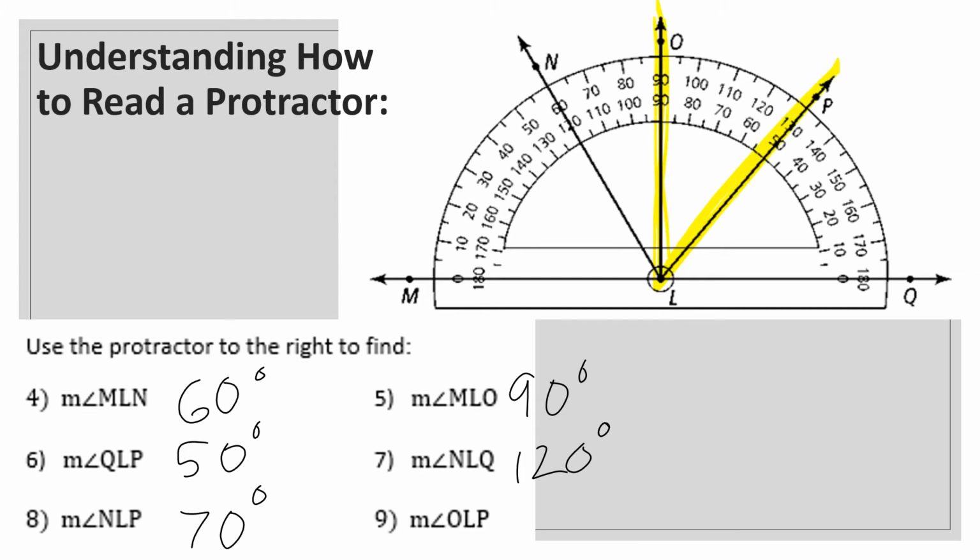Again, you need to decide which numbers you want to use, the top ones or the bottom ones. Either way, you're going to have to get a positive answer. So you could either do 90 minus 130 and get your answer and make it positive, or you could do 90 minus 50 and get your answer. Either way, the answer would be 40 degrees for that angle measure.